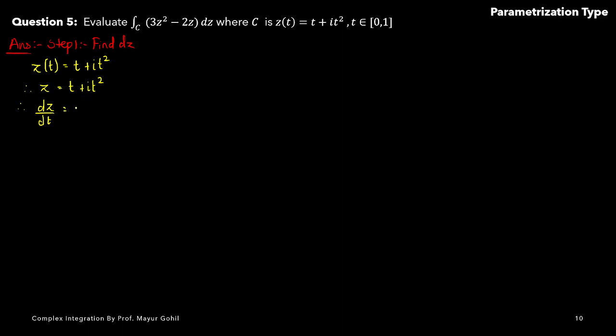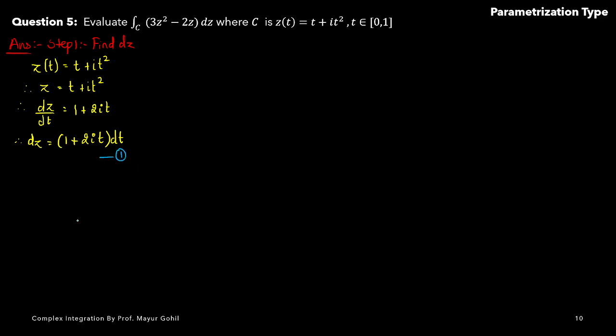That would be 1 plus 2it. Therefore I get dz equals 1 plus 2it dt. Done. So I am here ready with my dz.